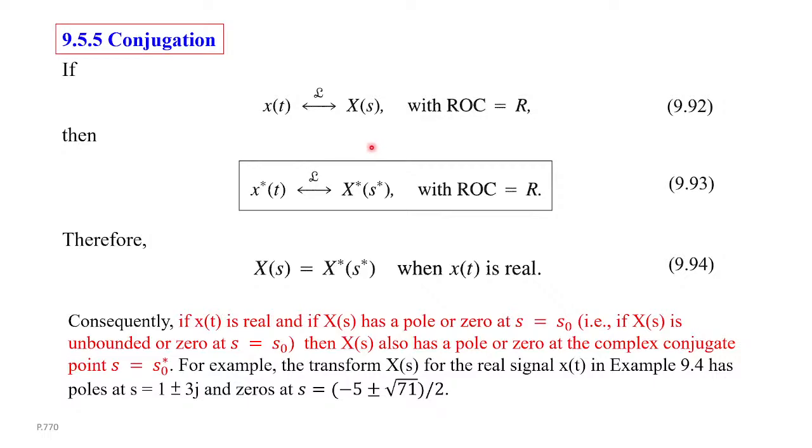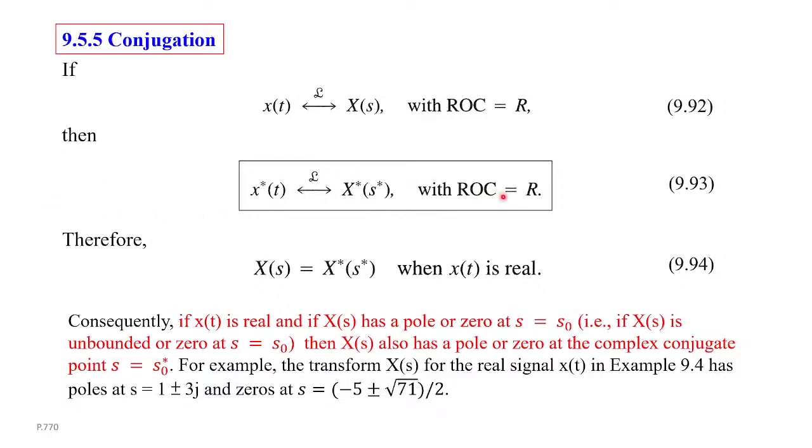The ROC should also get conjugated, but ROCs are strips, so they're already symmetric in the y direction, and conjugation just gives back the original ROC. So both the function value and s get conjugated, like adding a negative sign in your frequency.